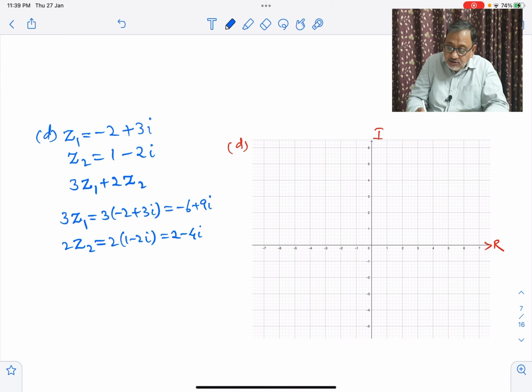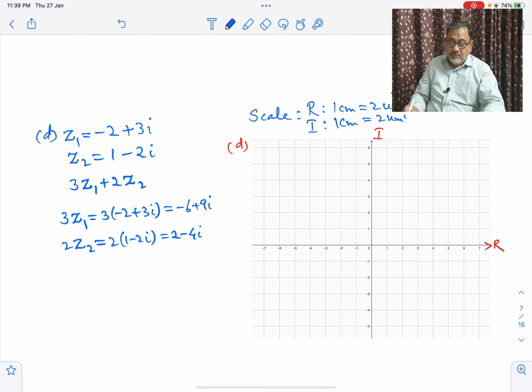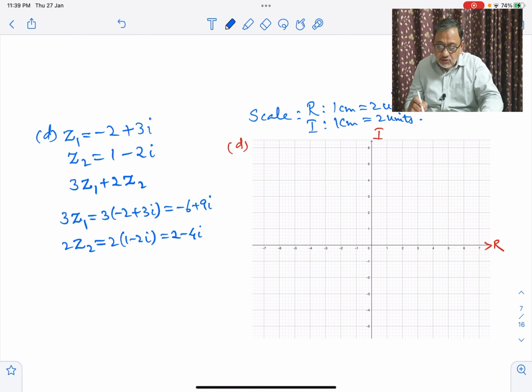I'll write here scale for real axis: 1 centimeter represents 2 units. And for the imaginary axis also 1 centimeter represents 2 units. Then we can easily locate it. So look here, minus 6 plus 9i.